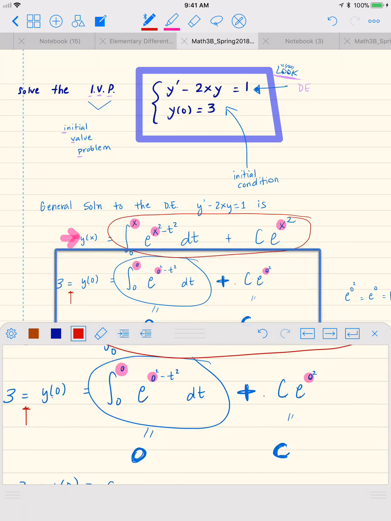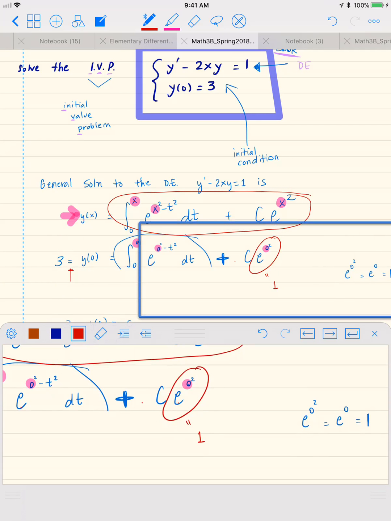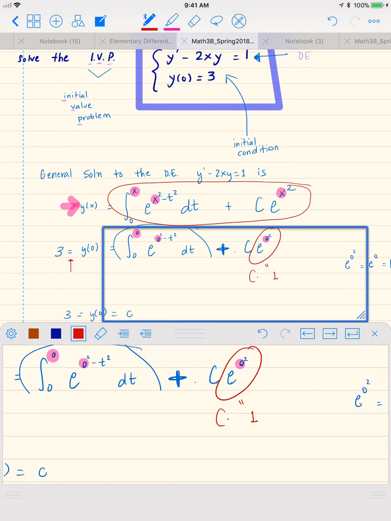Now, let's see if we can clarify some of this. What is e to the 0 squared? That's equal to 1, because e to the 0 squared is e to the 0, which is 1. So all of this is going to be c times 1, which is just c.